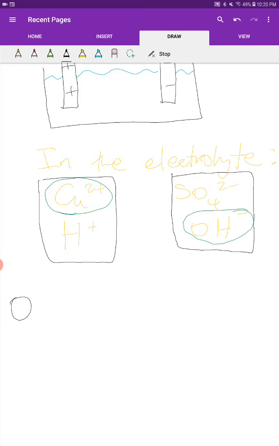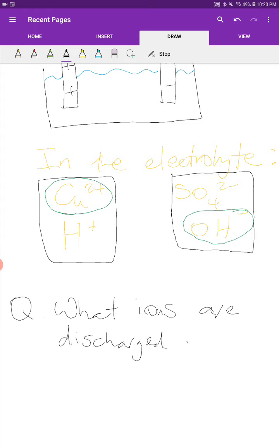First question, what ions are discharged at each electrode? And you'll find that the questions follow the same type of pattern. There's only one variation, and we'll speak about that at another time.